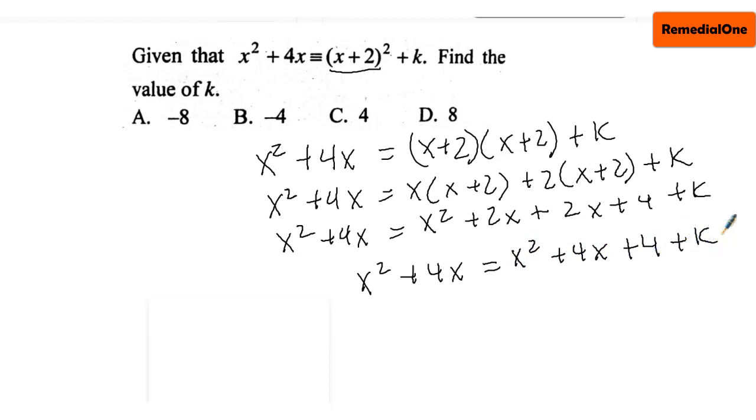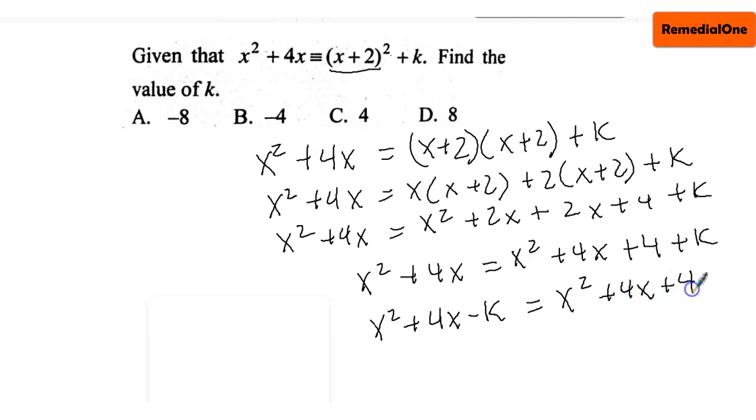So here you see that most of the stuff look the same except the 4 and the k. So let's bring the k to this side so that they will match up equally, okay? So if we bring the k to this side, it's going to be minus k, and here it's going to be x squared plus 4x plus 4.